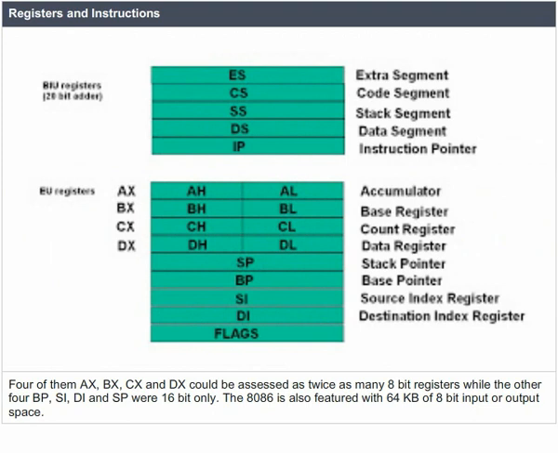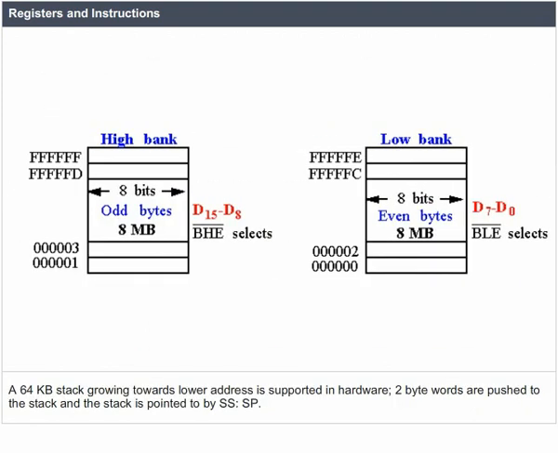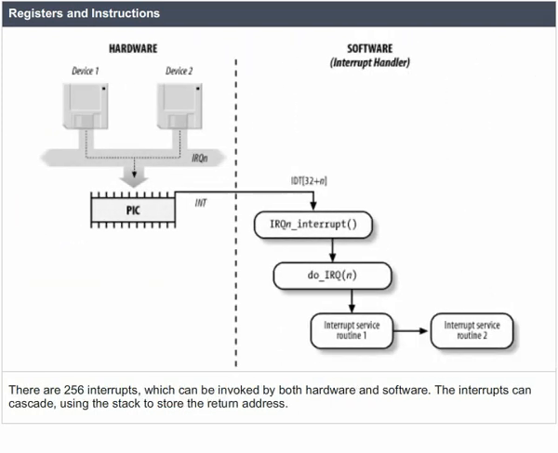A 64 KB stack growing towards lower addresses is supported in hardware. 2-byte words are pushed to the stack, and the stack is pointed to by SS:SP. There are 256 interrupts, which can be invoked by both hardware and software. The interrupts can cascade using the stack to store the return address.